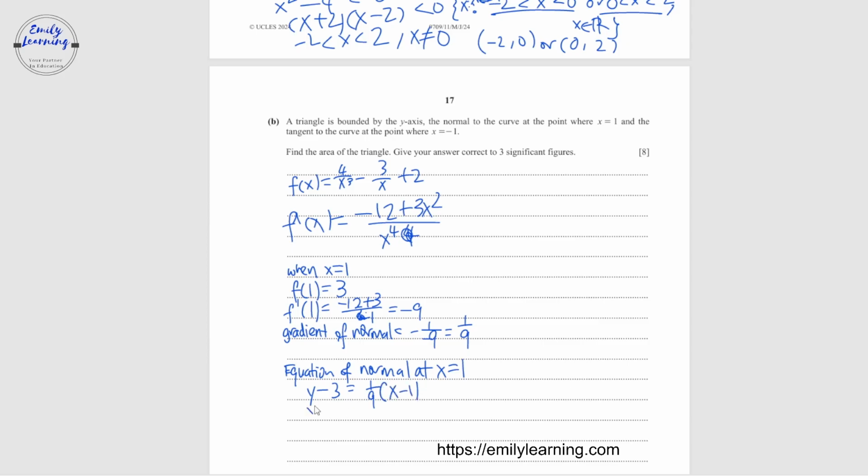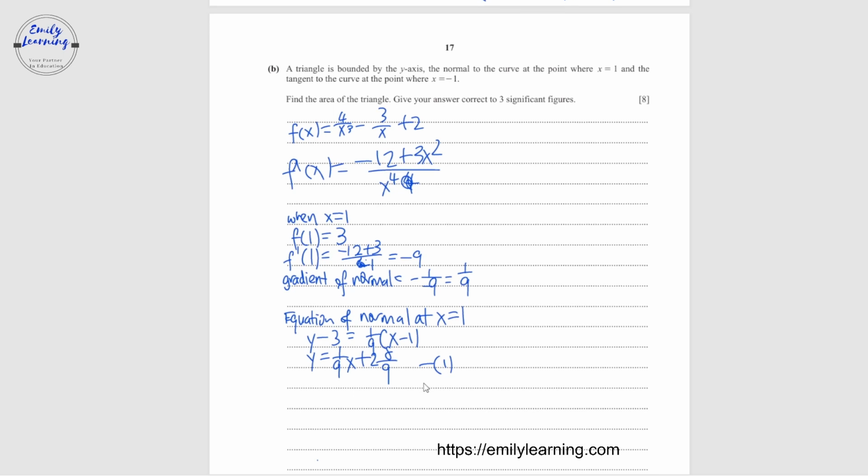So simplifying, I have y equals 1 over 9 x, then negative 1 over 9 plus 3, so plus 2 and 8 over 9. Okay, let me label this as equation 1 because I need to find the equation of the normal.